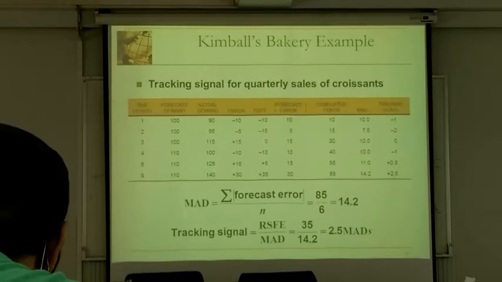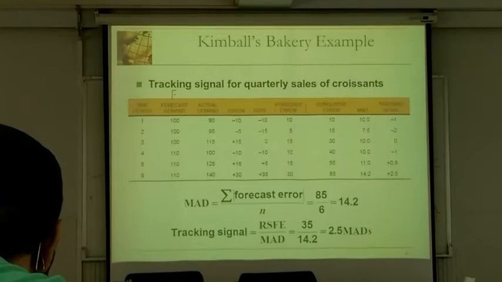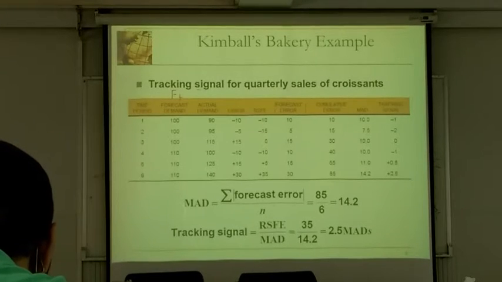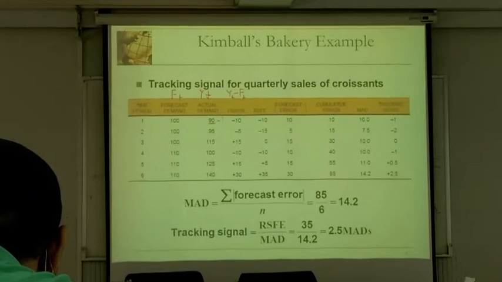So this is going to be given information to you. So you can get this time period. This is your forecast, FT. And this is your actual demand, YT. So first you compute the error, which is Y subtract F. So Y3 subtract F3.